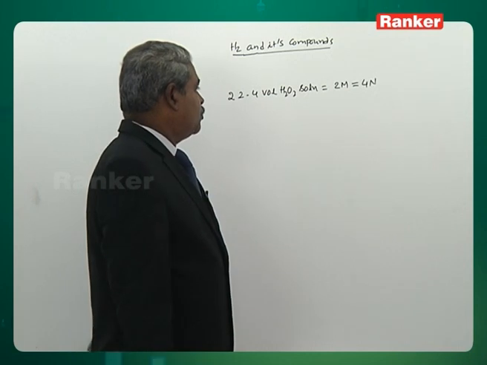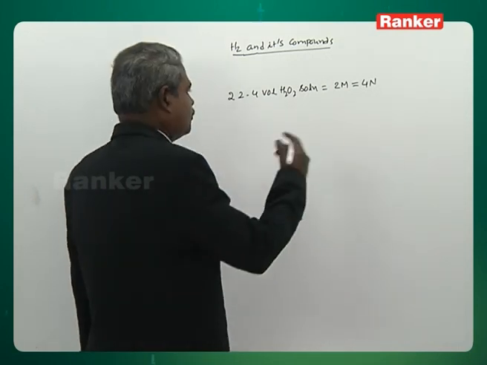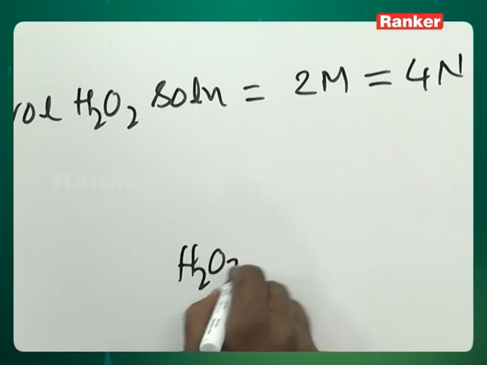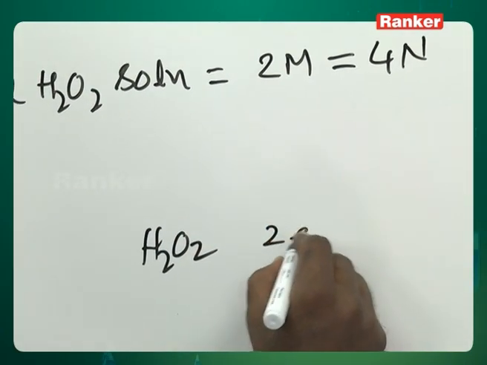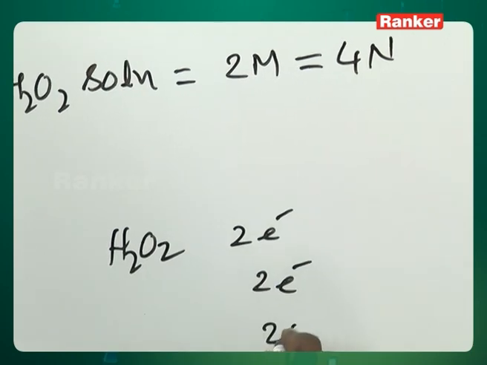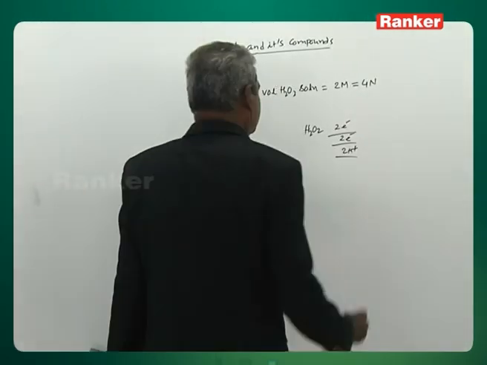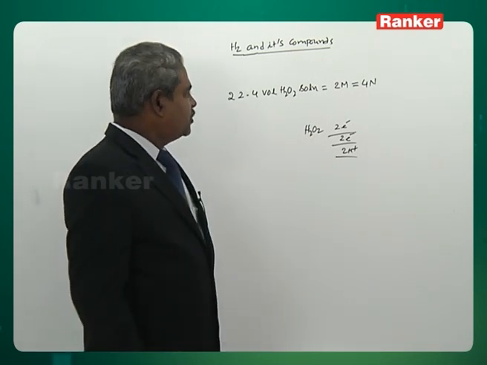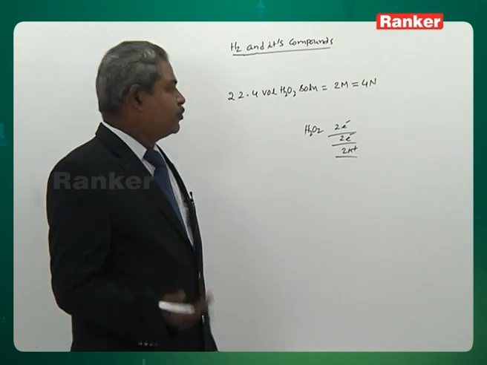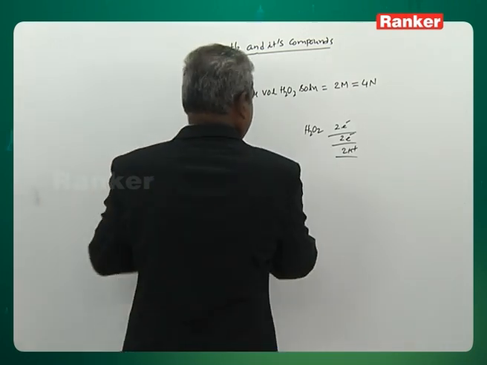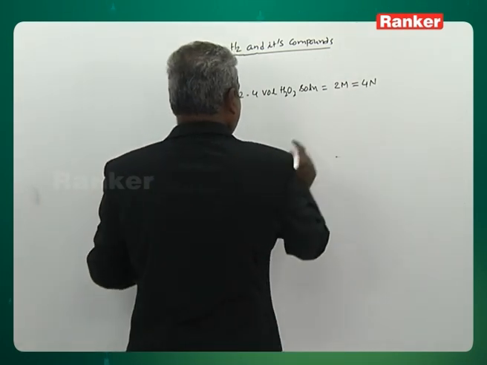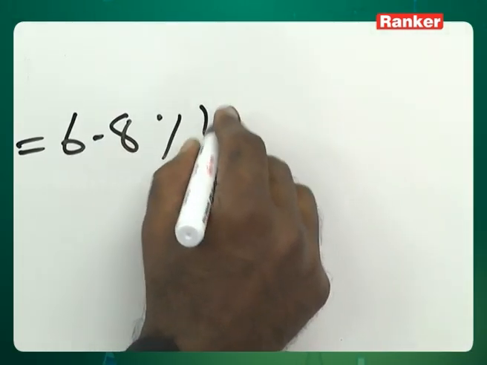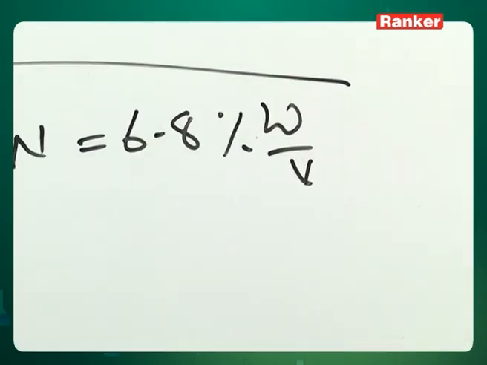The n-factor of H2O2 is 2, meaning H2O2 can give 2 electrons, so its ability is 2. Therefore, 1 mole is equal to 2 equivalents. So, 4 normal and 6.8%.